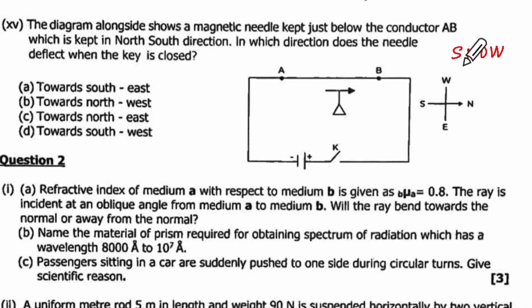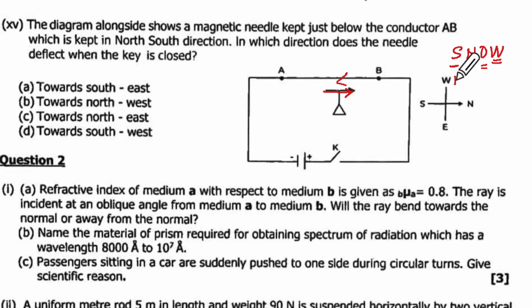Everybody must know that when the current is going from south to north and the conductor is over the needle, means needle is underneath, then the north pole of the needle deflects where? To the west. So where is the current? This is positive, so it's going this way. It is going from north to south, correct?